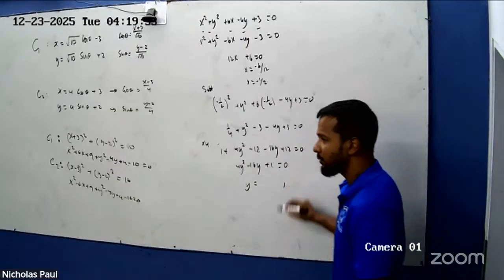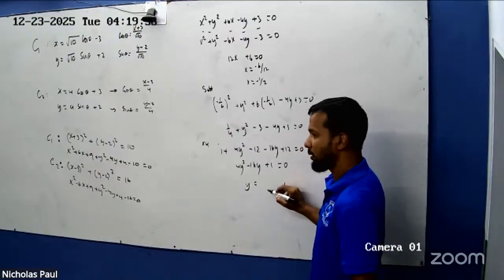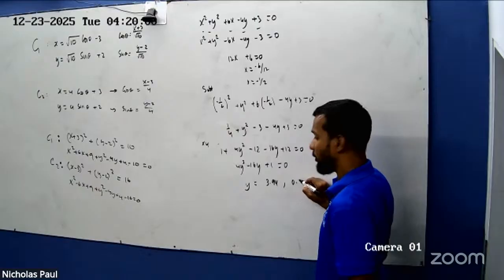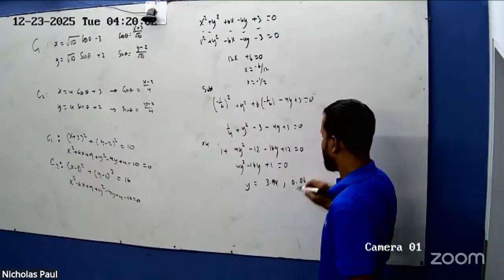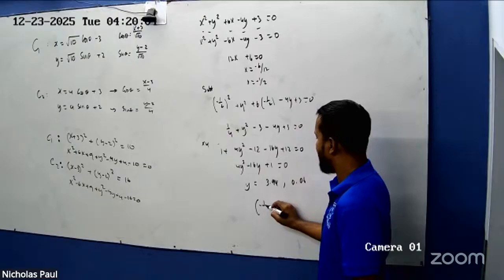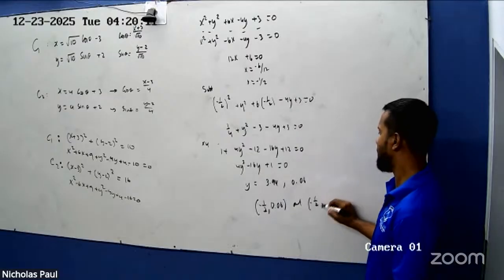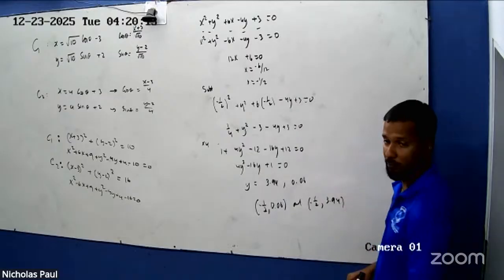How much? 3.94. 0.06. So our 2 answers are minus a half and minus a half.